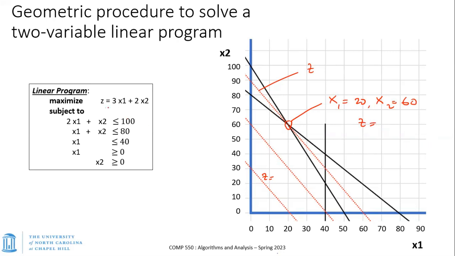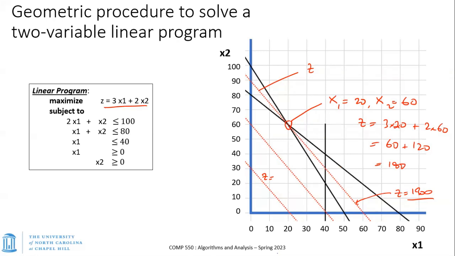So 3 times x1 would be 3 times 20 plus 2 times 60. That's 60 plus 120. That's 180, right? So this particular line corresponds to a revenue Z of 180. So geometrically speaking, this is relatively easy to figure out.